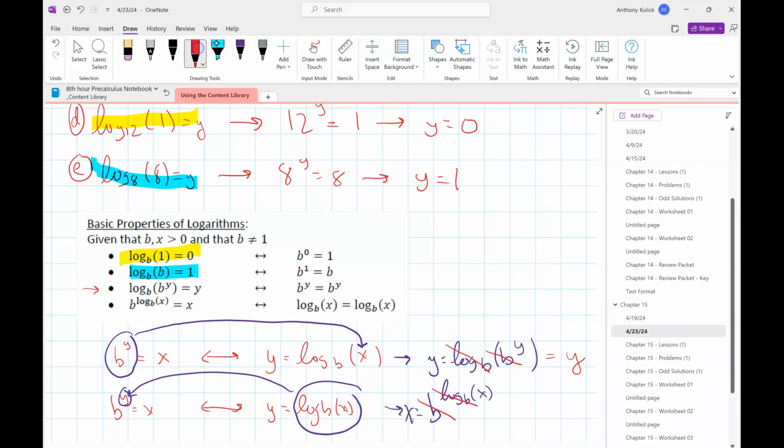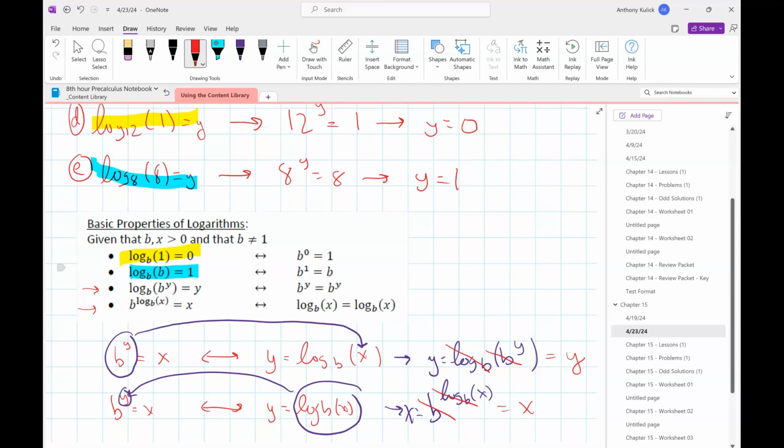Those guys are canceling, the exponent base b and the log base b, giving me x. So that's what we're seeing in those last two properties, is that logarithms cancel exponent bases and exponent bases cancel logarithms.